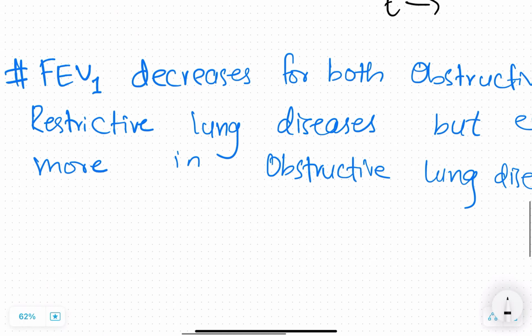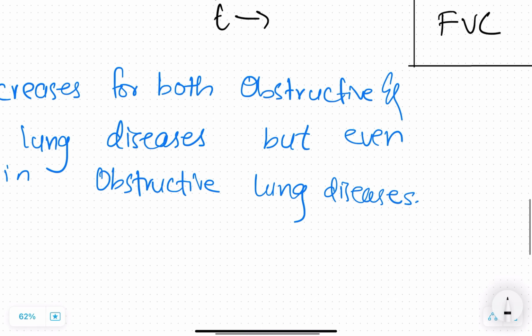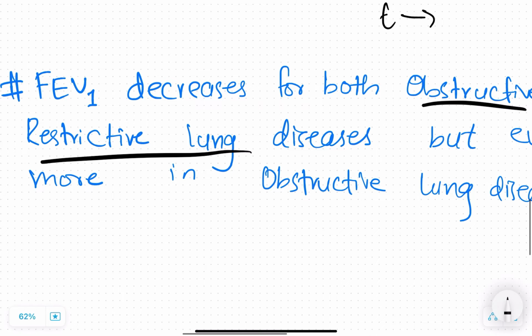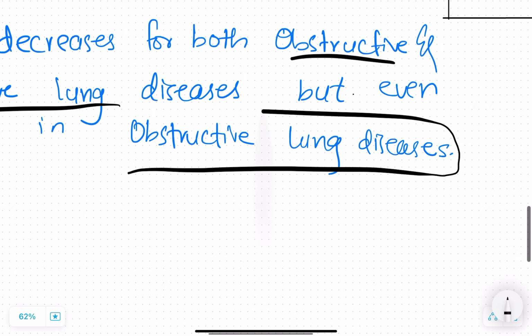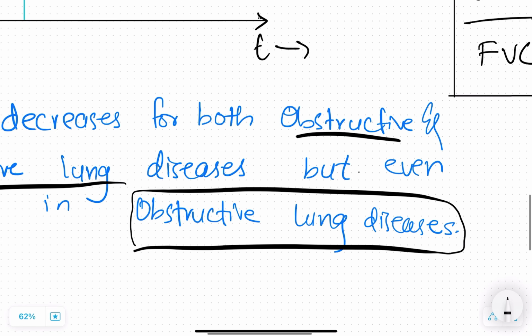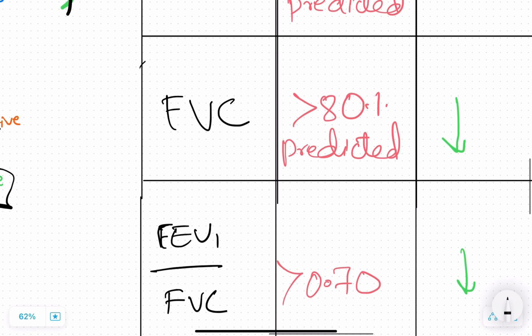So what I've written here is that FEV1 decreases for both obstructive and restrictive lung diseases, but even more in obstructive lung diseases, because the patient is having an issue exhaling the air.